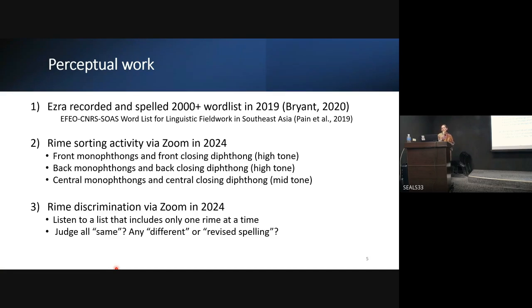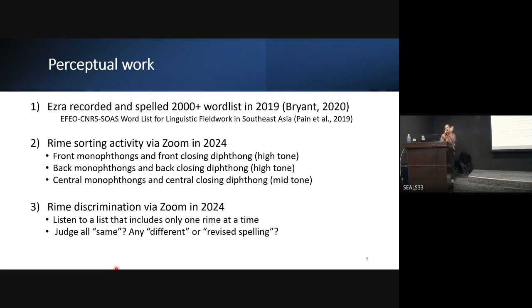Then this year we worked together online using a rhyme sorting activity similar to what Shane talked about, where he said they used pictures to sort things, but in this case I used the recordings that Ezra had made in 2019 and took individual tokens.